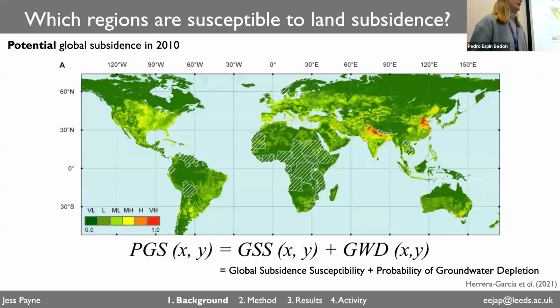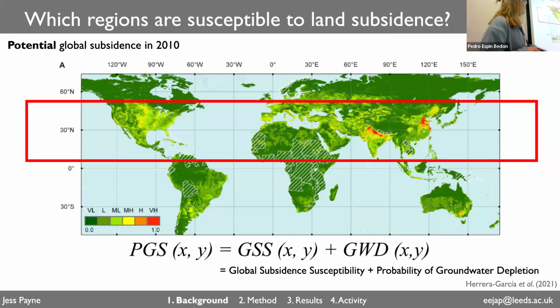So going back to a more global scale, where do we see land subsidence? This was a nice study in 2021 looking at the probability of potential global subsidence based on things like geology, topographic slope, climate indices. And we can see that the yellow, orange, and red areas are where you're most likely to get subsidence based on these parameters. We concentrate in this 30 degrees north latitude belt.